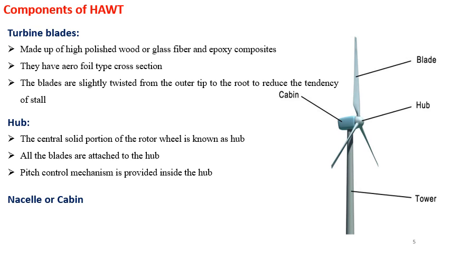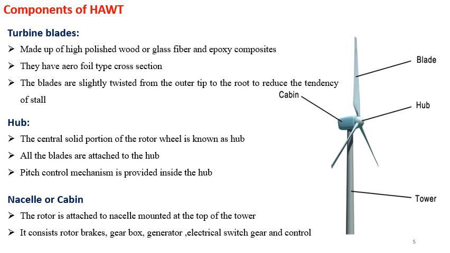That hub is placed in the nacelle or cabin. The rotor is attached to the nacelle mounted at the top of the tower, and it consists of rotor brakes, gearbox, generator, electrical switch gear, and control, etc.